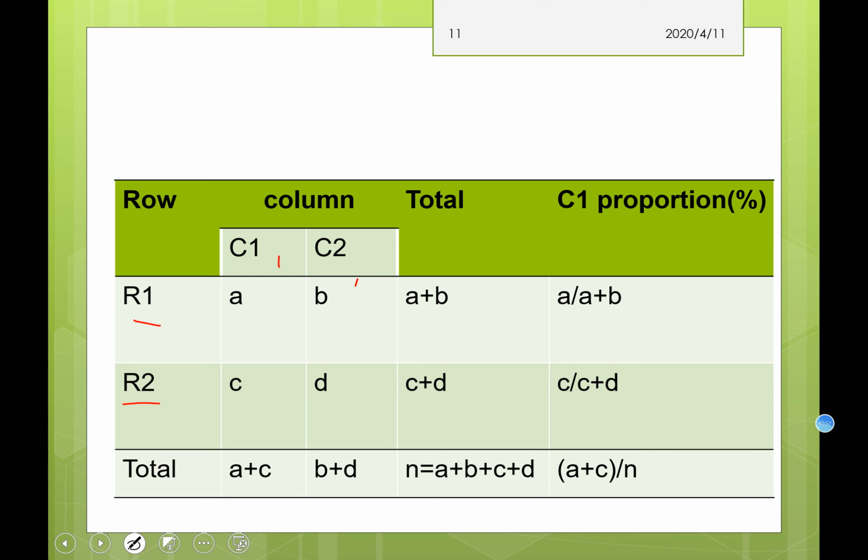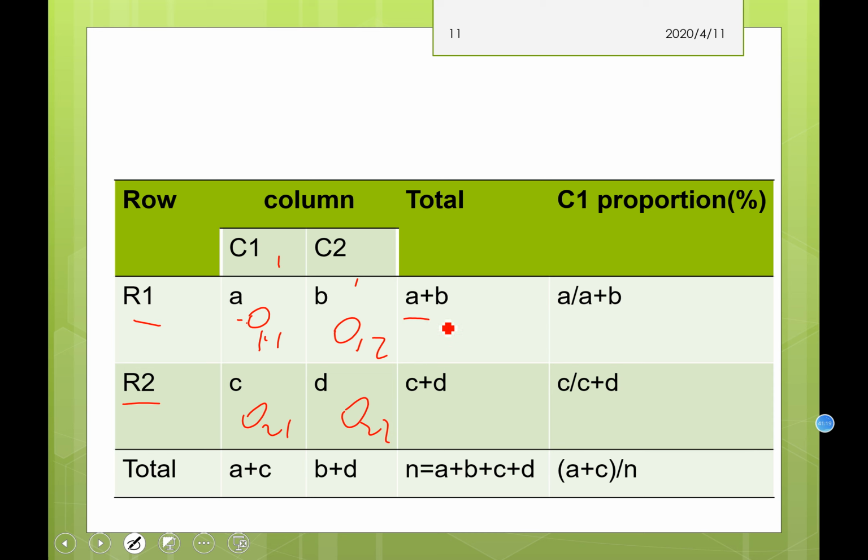So here we use A to represent O11, B represents O12, C is O21, and D is O22, and then we can use these simple characters to calculate all the data in this contingency table.